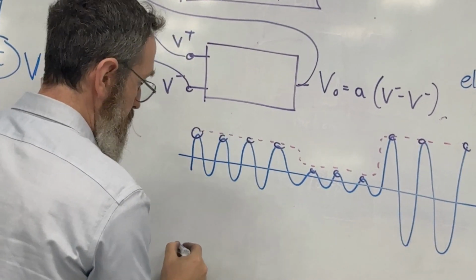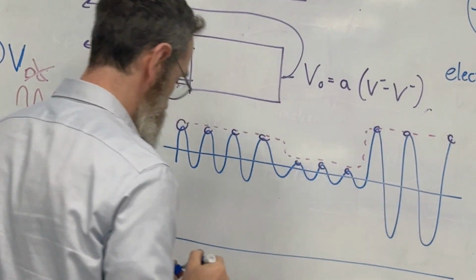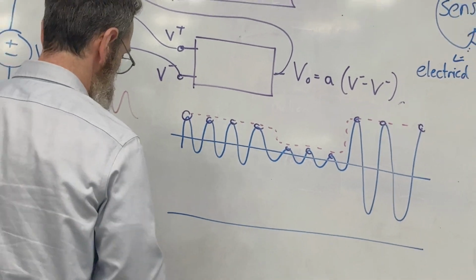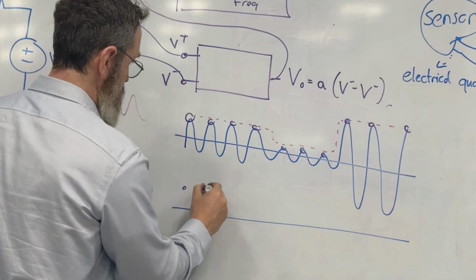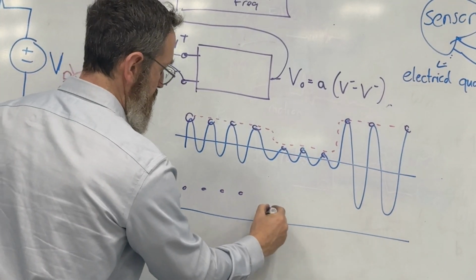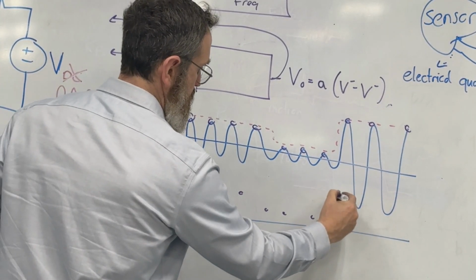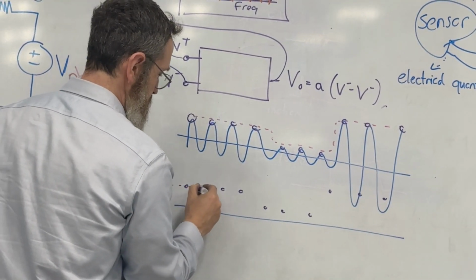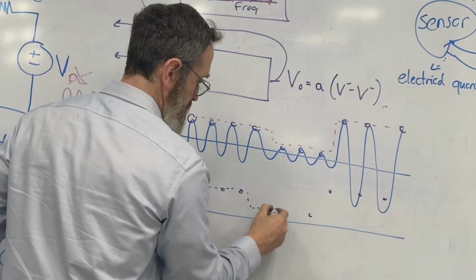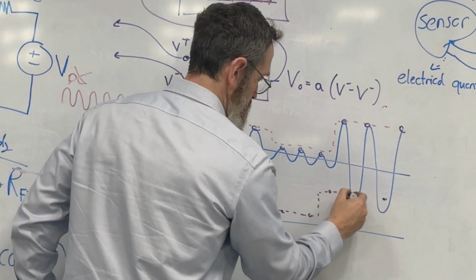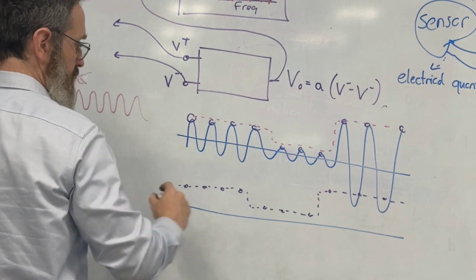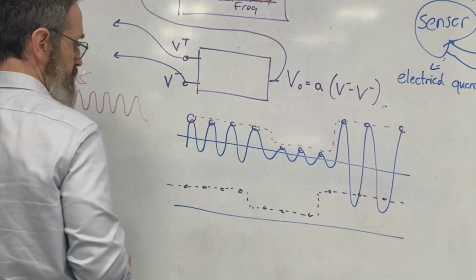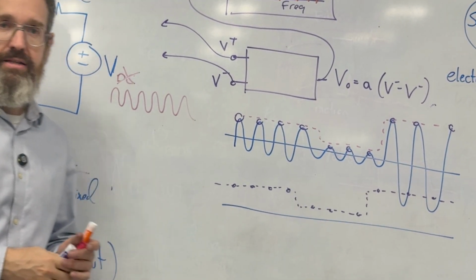If I were to redraw those values on this chart, I would get this value, this value, and so on, and that is what I want. This was time, this was voltage. You get the notion.